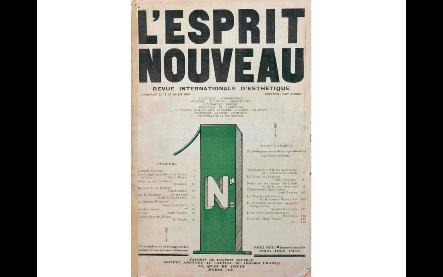And he creates this magazine. So the magazine is one of the early, or clear, examples of his understanding of publishing and his understanding of self-promotion. So he creates this magazine, which he is the editor of, L'Esprit Nouveau. So it's the New Spirit magazine. It's about design.